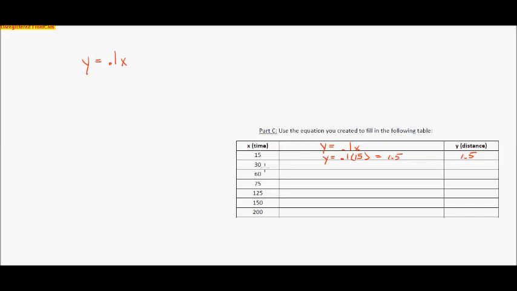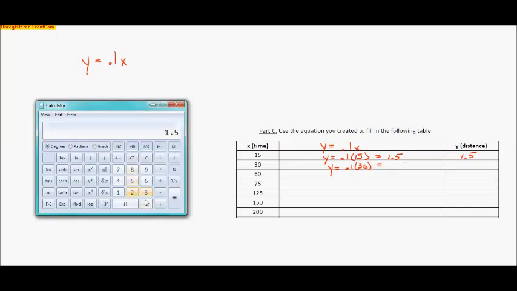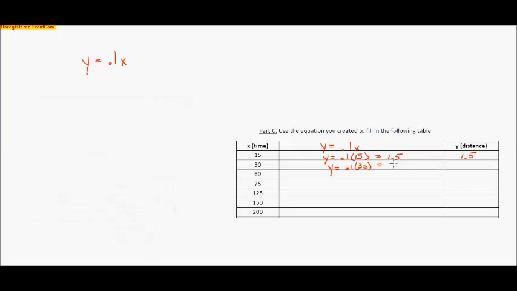Alrighty, and I'm going to do the same thing for each one of these values of X. This is going to be 0.1 times 30. And again, if I do the math, I should get 3.0. Let's check that really quick. 0.1 times 30 equals 3.0. Yep. Okay, so that's 3. And I might as well go ahead and put the 3.0 just so I have the same number of decimal places here.